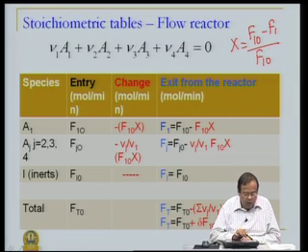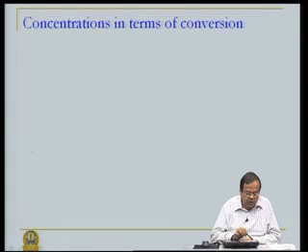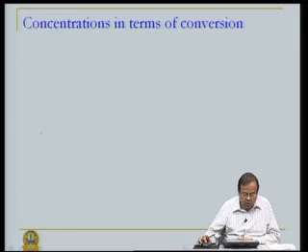So, let us say we are looking at any species J, AJ, for which the entry flow rate is Fj0. The change now will be, recall that we have a stoichiometry to worry about. So, if F10x moles of A1 has changed, then nu j divided by nu 1 times this F10 into x is what species J has changed.